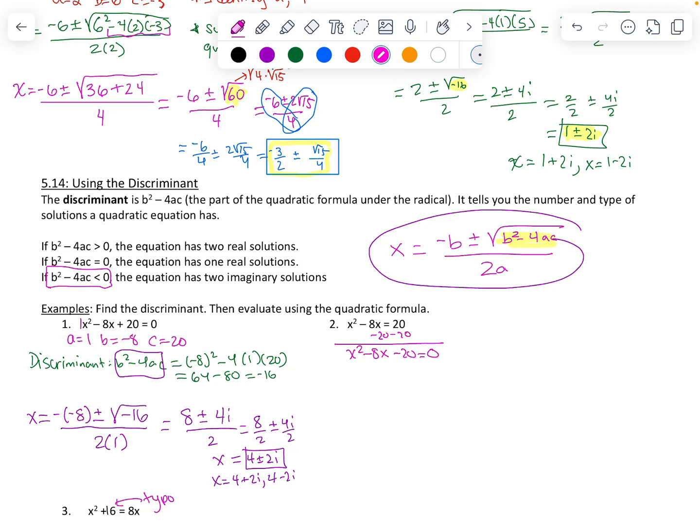So when I use the discriminant, I am going to get a equals 1, b equals negative 8, c equals negative 20. Go ahead, I'd like you to evaluate the discriminant on your own, and then do the quadratic formula. So my discriminant, once again, is b squared minus 4ac.